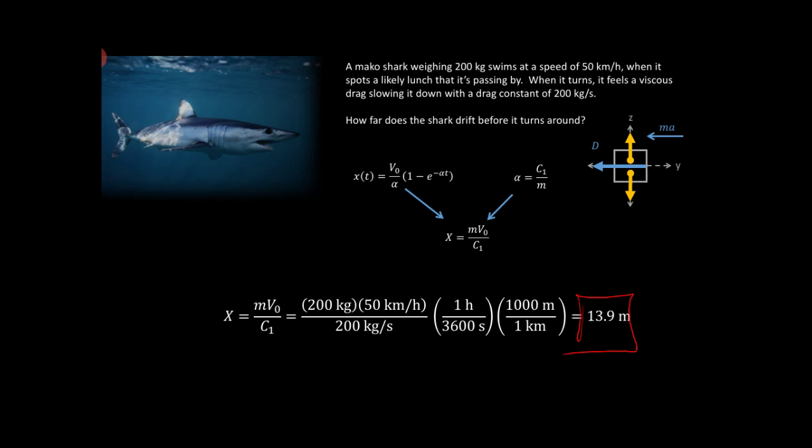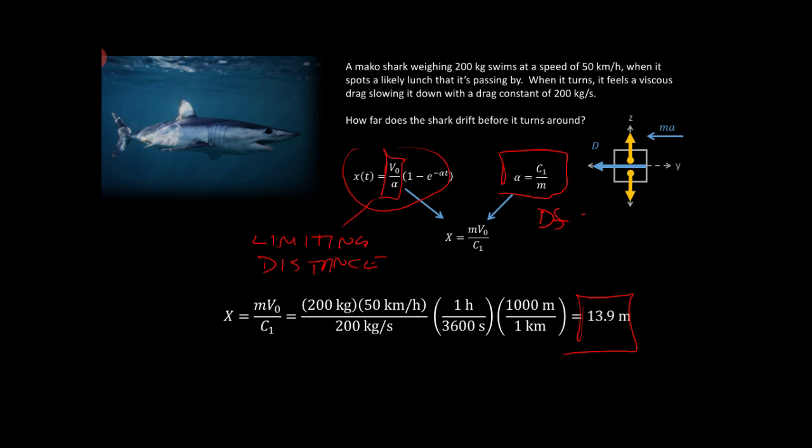We've got the entire problem. First, I analyzed this equation that we had previously, right? This part here was our limiting distance. This part here, this guy was the definition of the damping constant, or dissipation rate. We'll just call it rate.